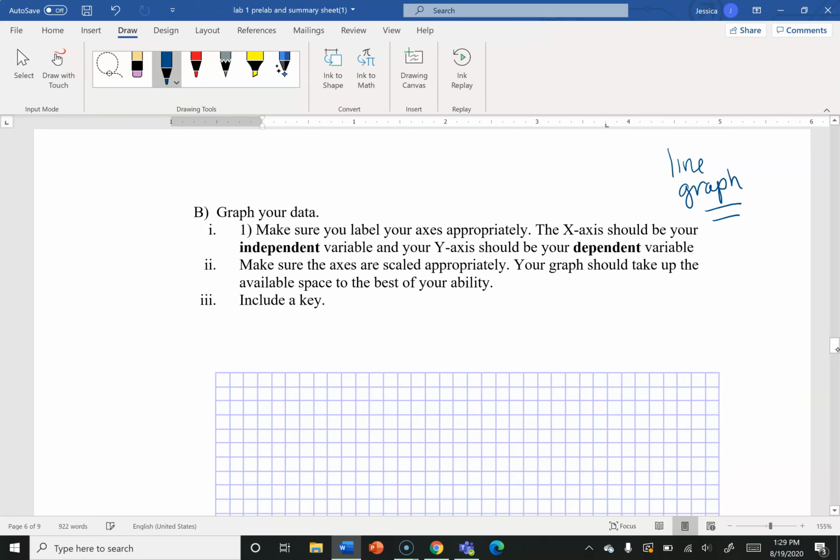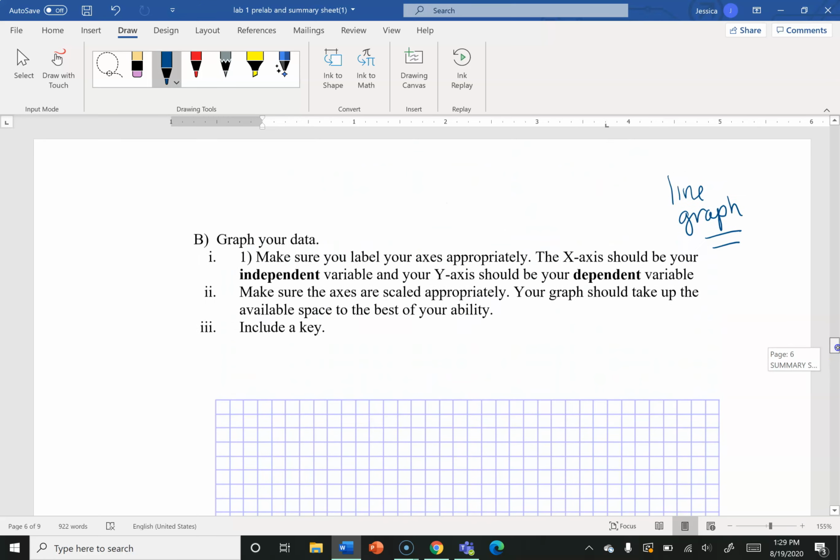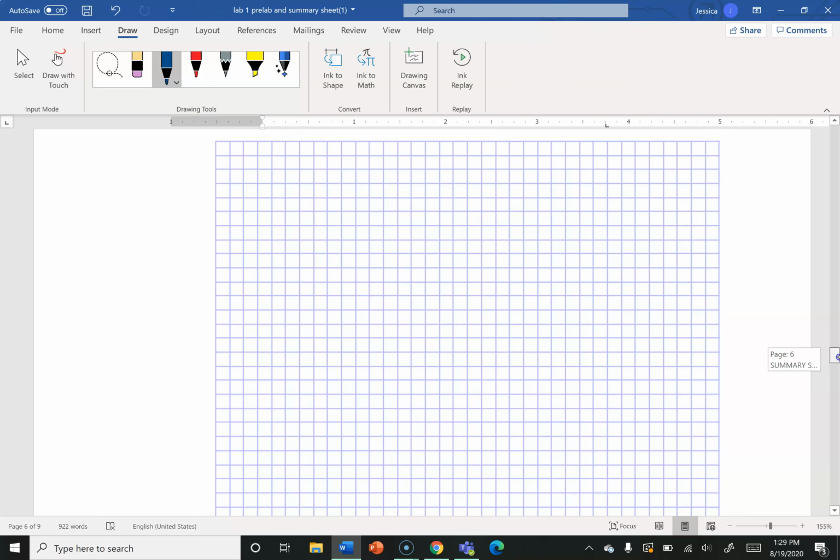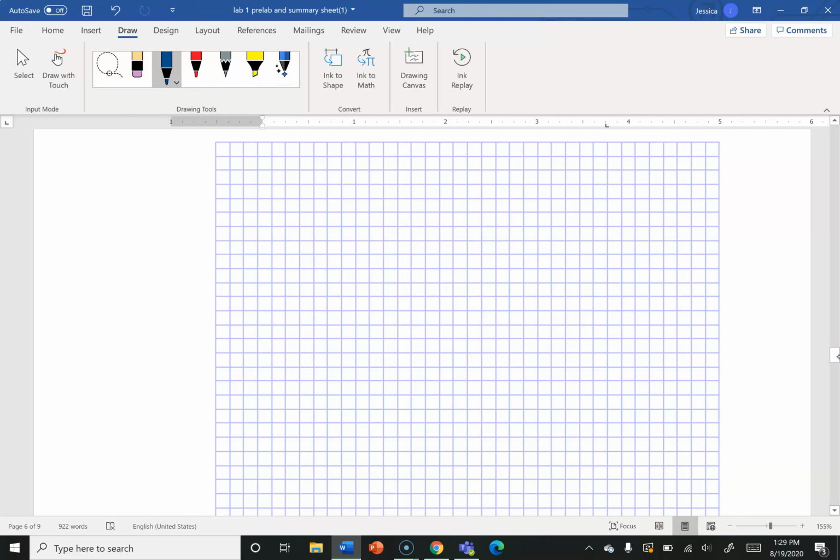Now, if you recall, or when you watch our lectures, there are different reasons that you make different types of graphs. You make a line graph when you are looking for trends or making comparisons. The other one that students like to try to do on this graph is a bar graph, and it just doesn't really make sense for the type of data that we have.